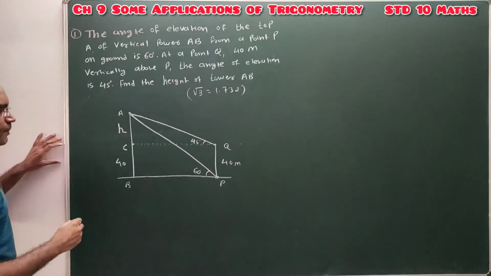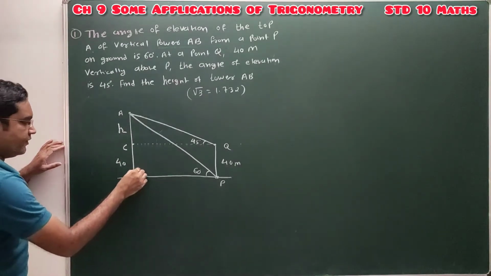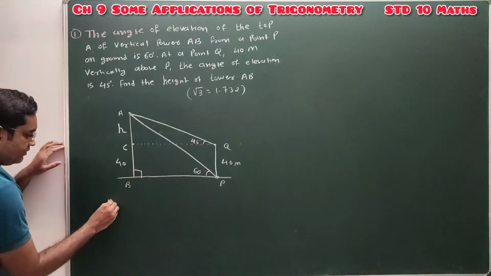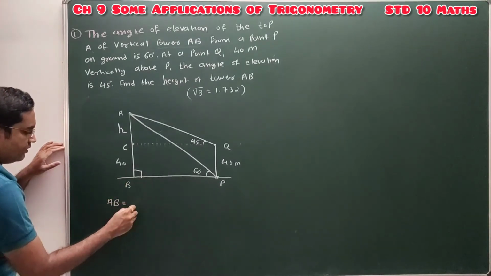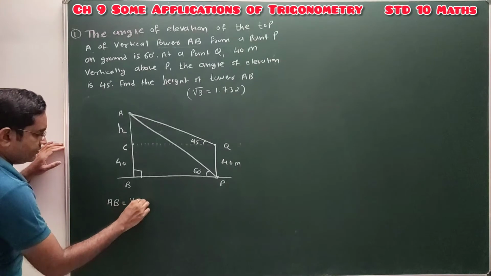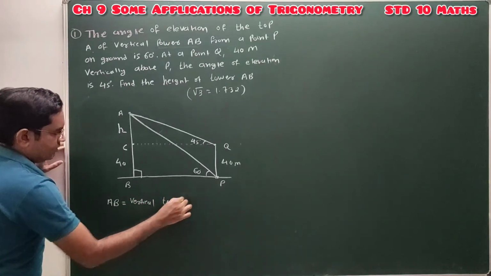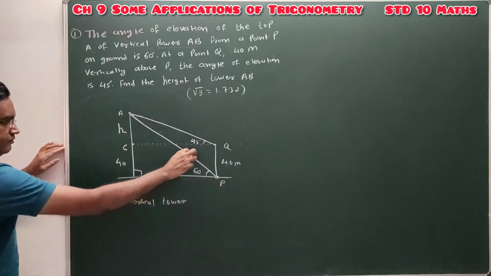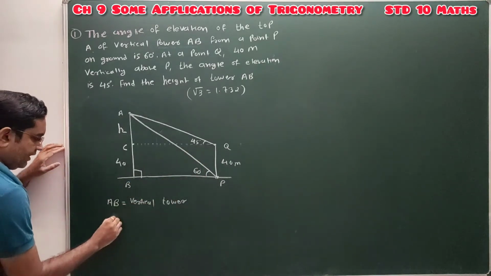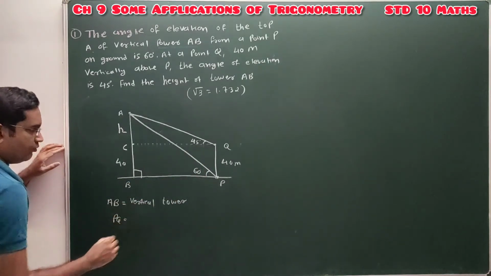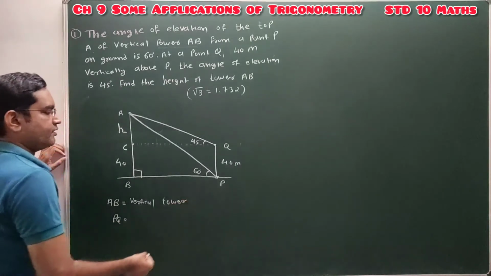Done? So first we will write down the description of our figure. AB is vertical tower. The length PQ, that means two points of observation.